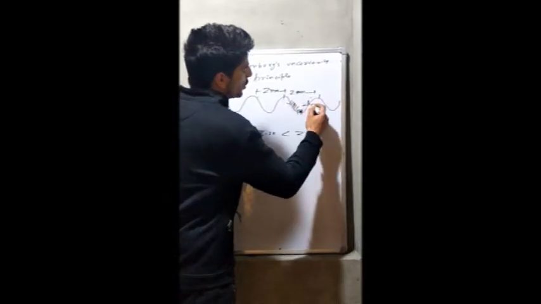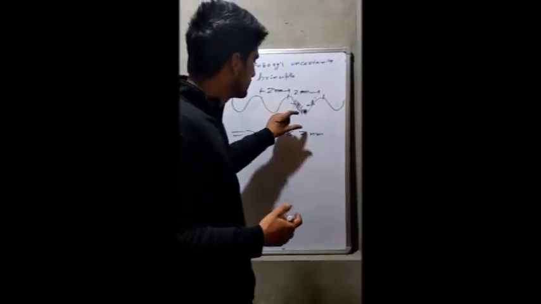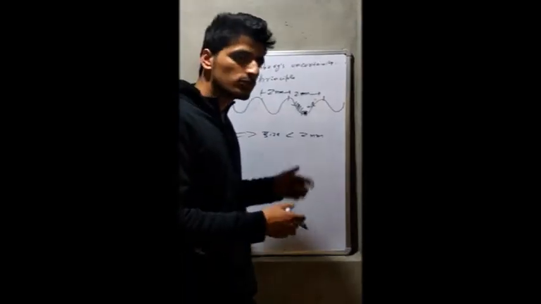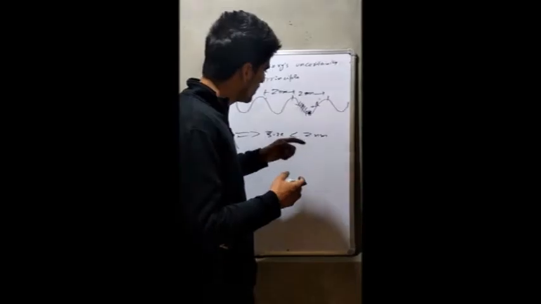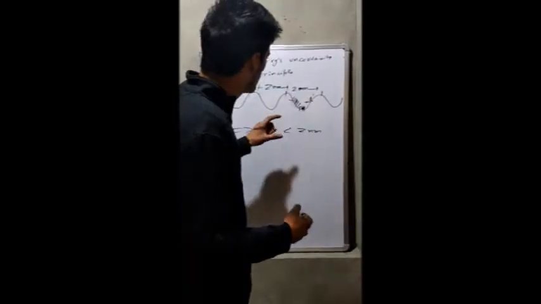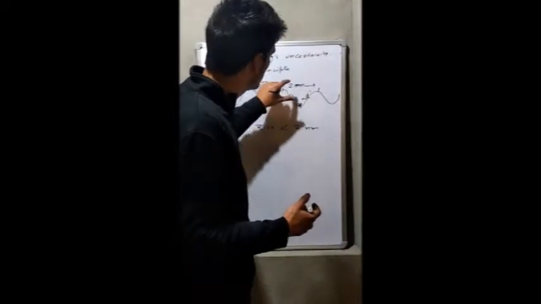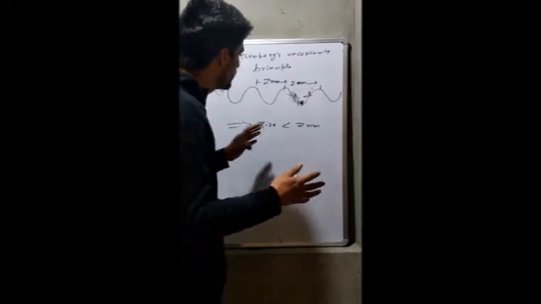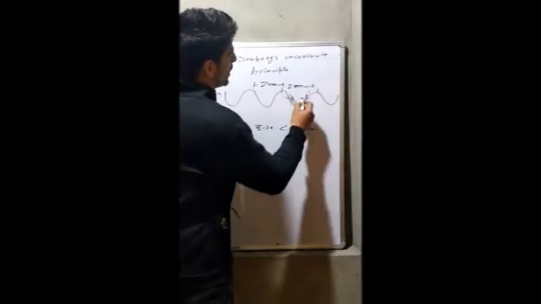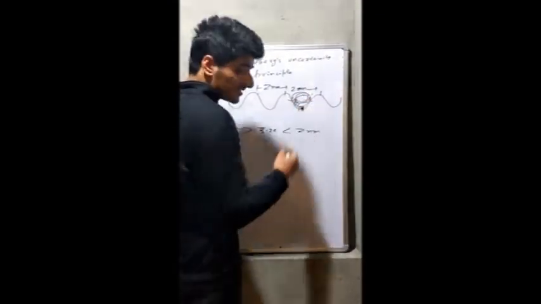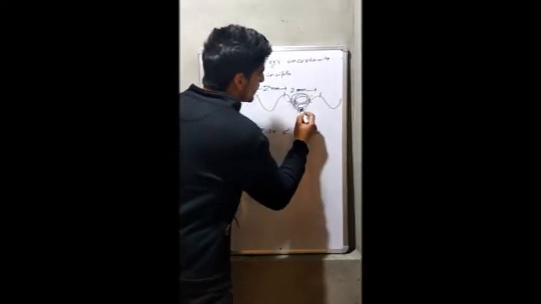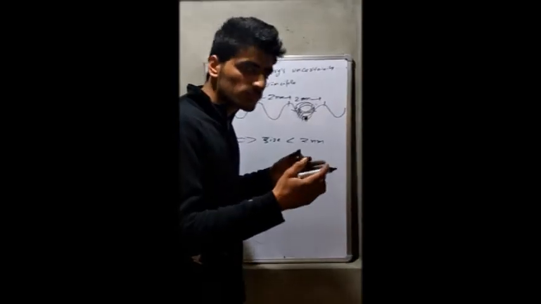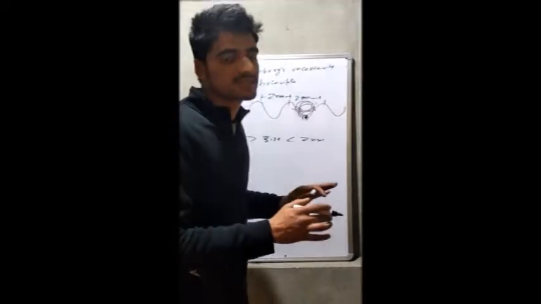So obviously the space occupied by the particle will be less than z nanometer, because if it had to occupy the z space of the wave, it should occupy the whole space here. But it is not occupying the whole space, it is occupying little space here. So we can say that the size of the particle is less than z nanometer.